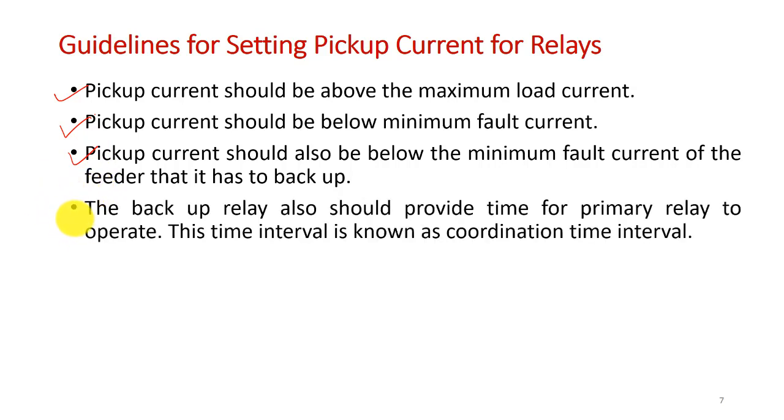Then the backup relay also should provide time for the primary relay to operate. This time interval is known as the coordination time interval, or standard time interval, STI sometimes. So these things we have already seen in the last example, and we generalized how we can set the clock setting and the TMS in the relay.